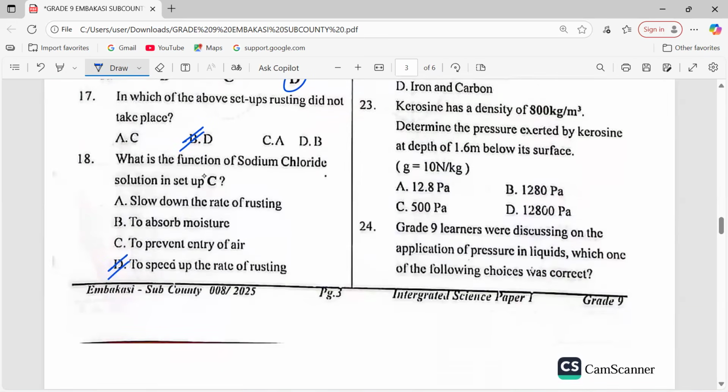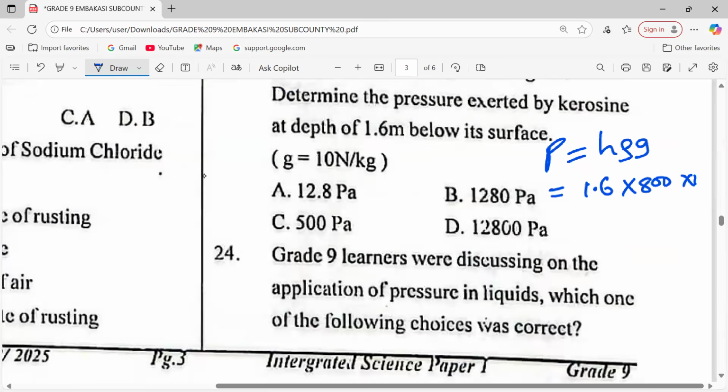Number 23, kerosene has a density of 800 kilograms per meter cubed. Determine the pressure exerted by kerosene at a depth of 1.6 meters below the surface. This is a fluid, so pressure is given by h rho g. A height of 1.6, a density of 800, and the value of g is always 10.